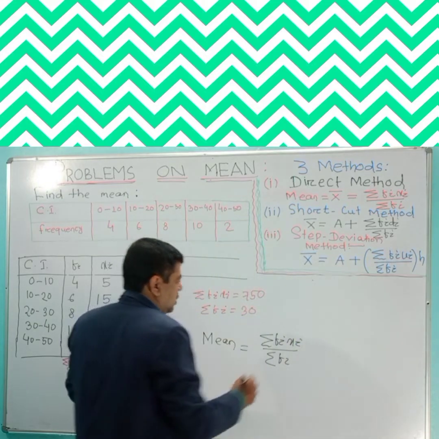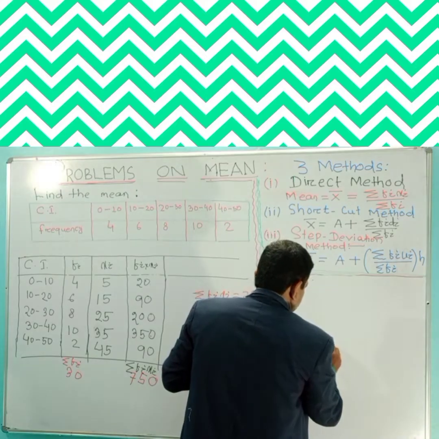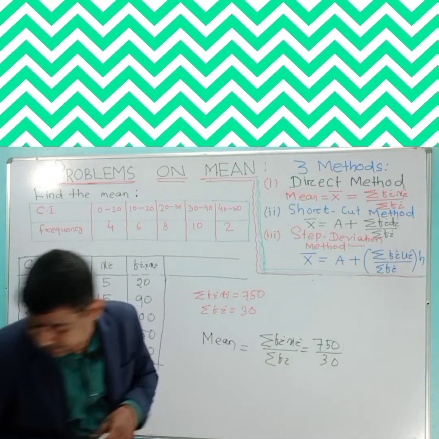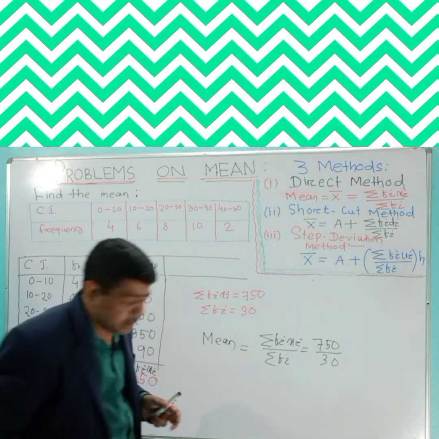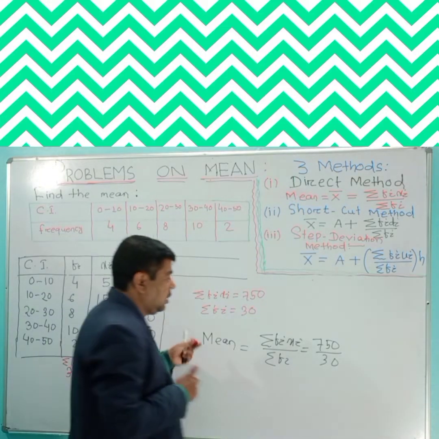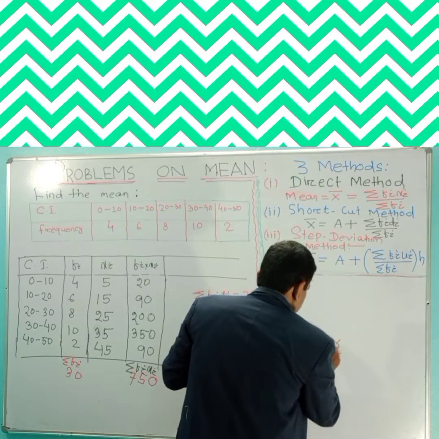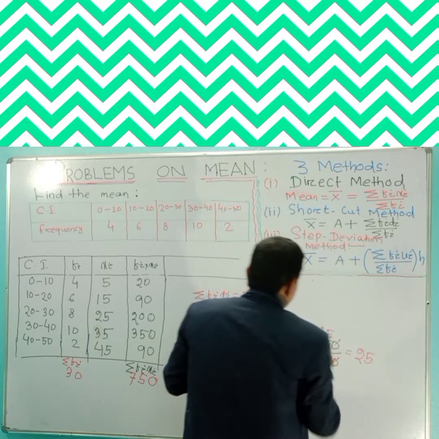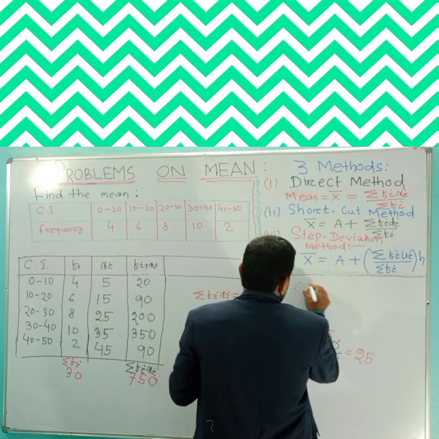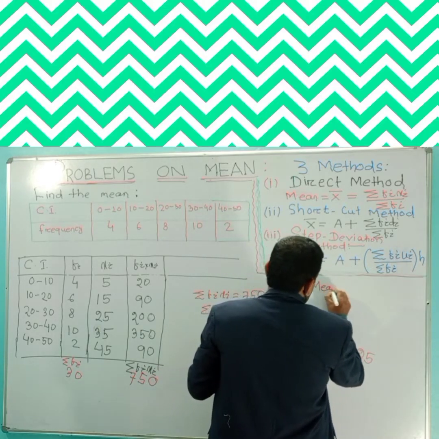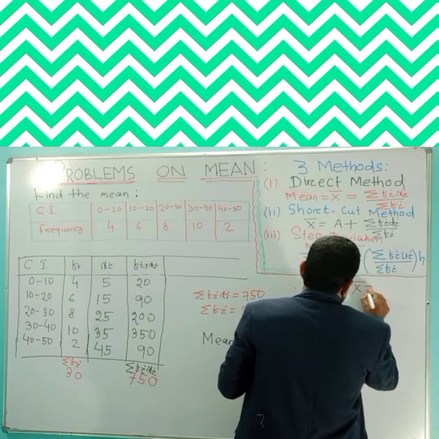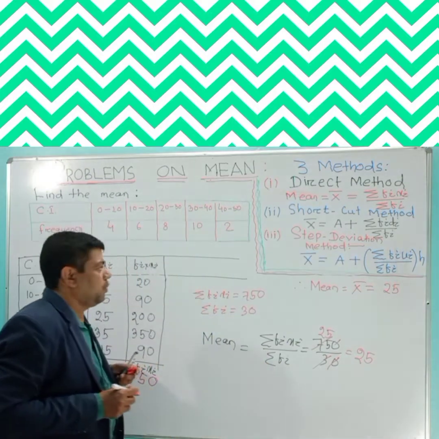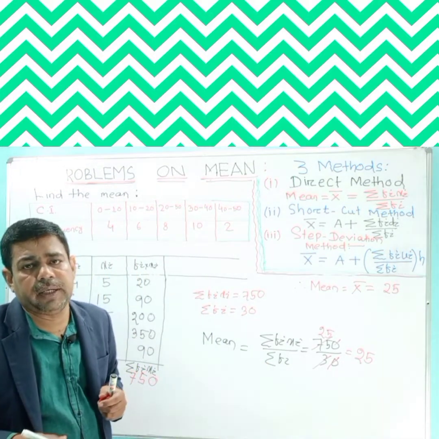So here it is 750 by 30. You can cancel here: the zeros cancel, and 75 divided by 3 gives 25, which is the mean value. So by the direct method, the mean x bar is equal to 25. So this is how to find the mean by the direct method. Understand?